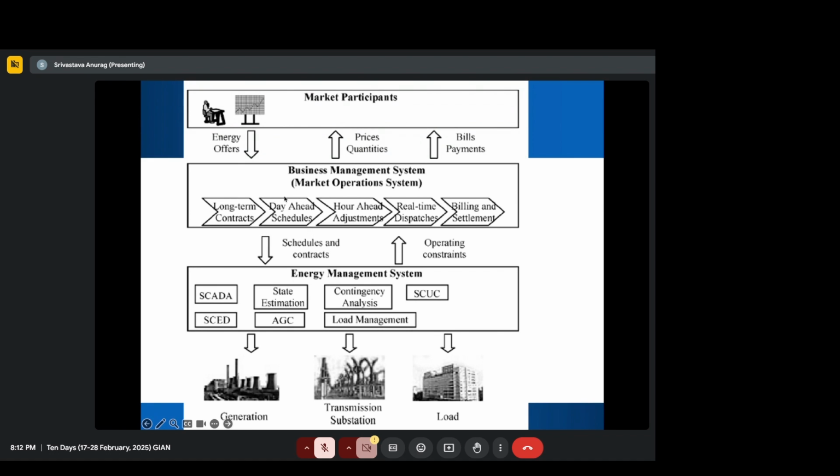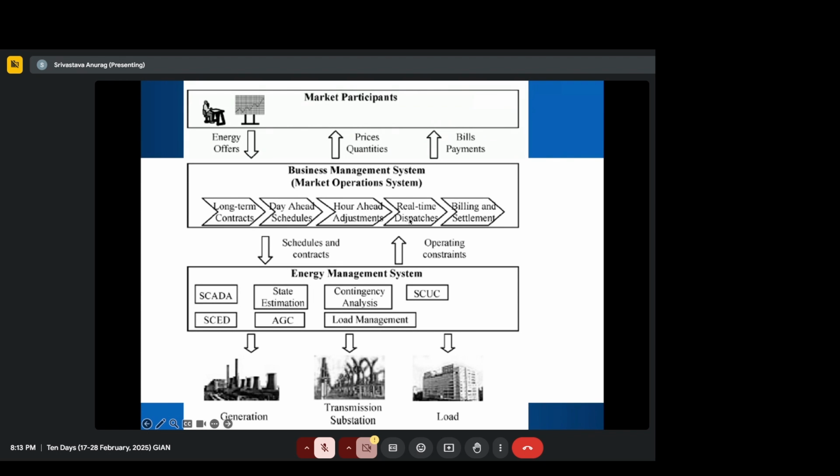And then come the day ahead schedules. So in day ahead, we basically try to minimize the cost, and we choose which generation will be accepted in the market. And then once they are accepted, we do the dispatch with the hour ahead adjustment, which is basically determining how much power to generate. And then we dispatch the power in real time.